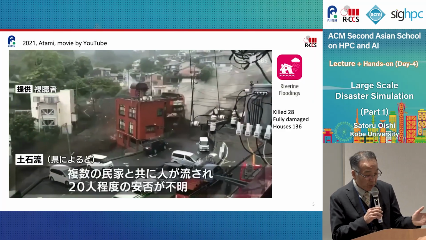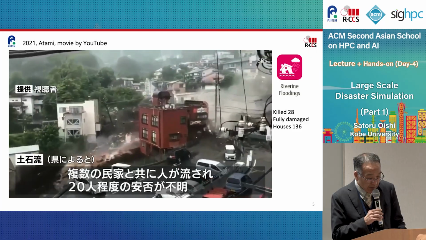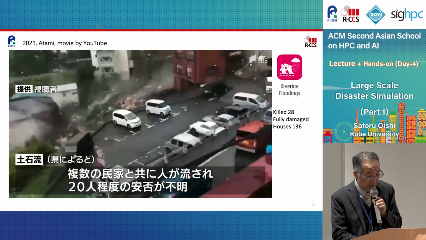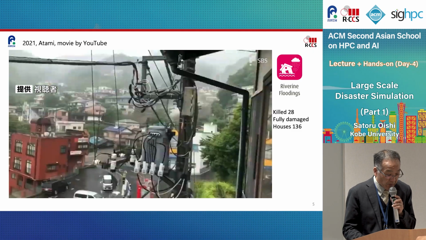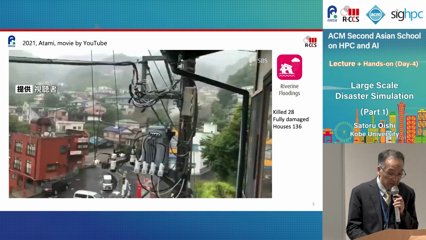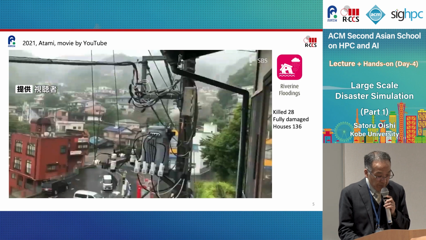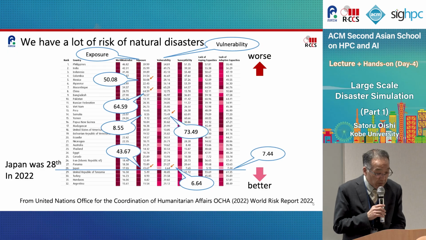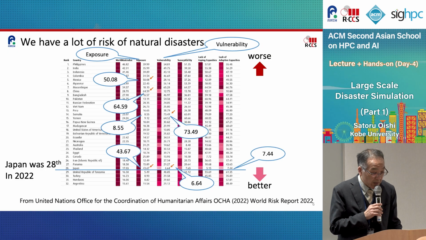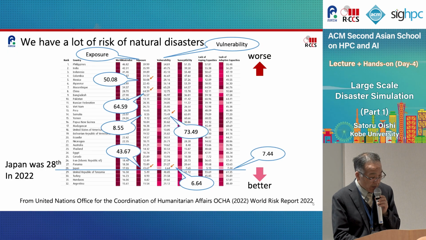Fully damaged houses are 136. So more than 60% of houses are fully damaged by torrential rain. So we have a lot of risk of natural disasters, and this is the world risk index.